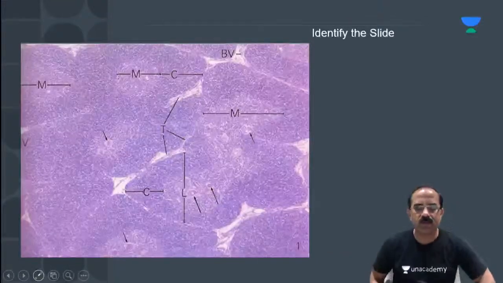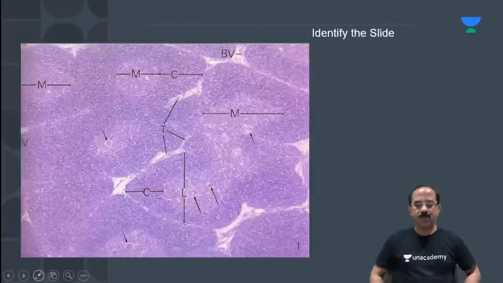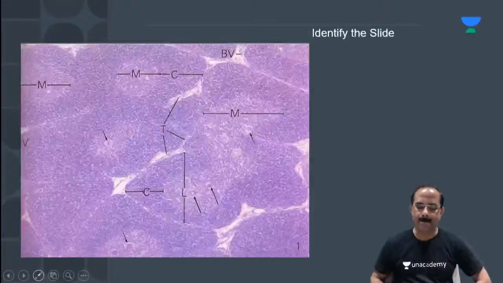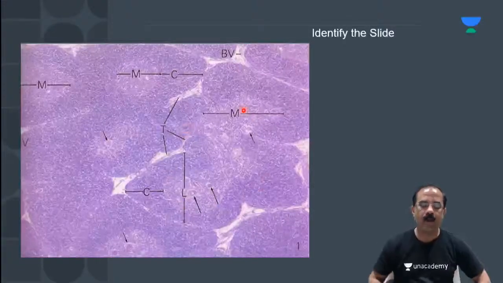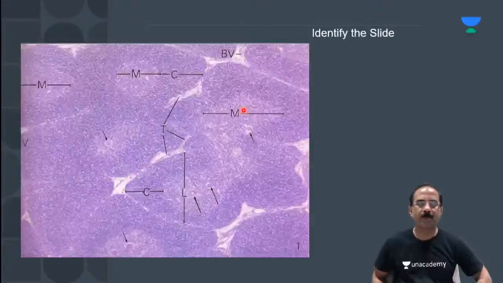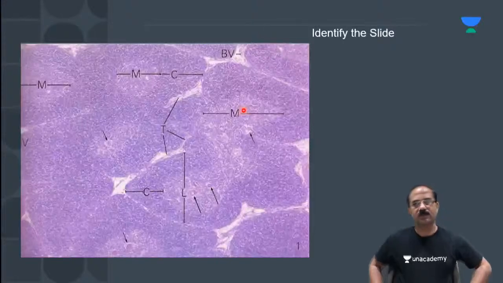Identify this histological slide. Anyone, can you identify this slide? Yes.